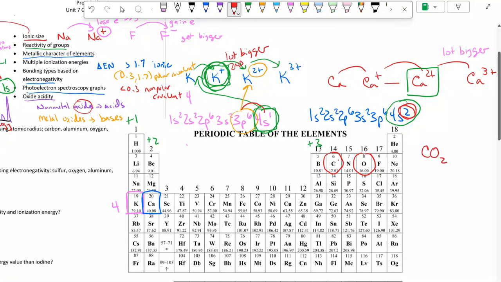So like carbon dioxide is a nonmetal oxide, and this is considered acidic. Whereas a metal oxide, if I picked a metal like sodium and said Na2O, that would be basic. Okay, and then the metalloids down here, those are usually more amphoteric. They can do both. Okay, so like SiO2 would be more amphoteric.